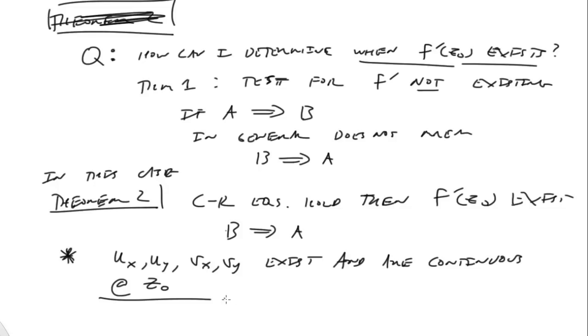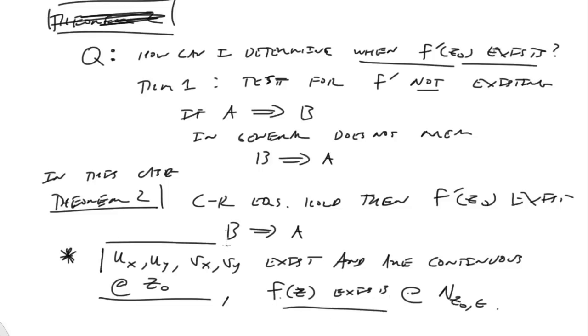Okay, and the only other minor condition that needs to be satisfied is that f itself exists and is continuous in some neighborhood of z naught. Those are of course very minor conditions, but the idea is that we just need that these derivatives exist and are continuous. That's the only side condition.